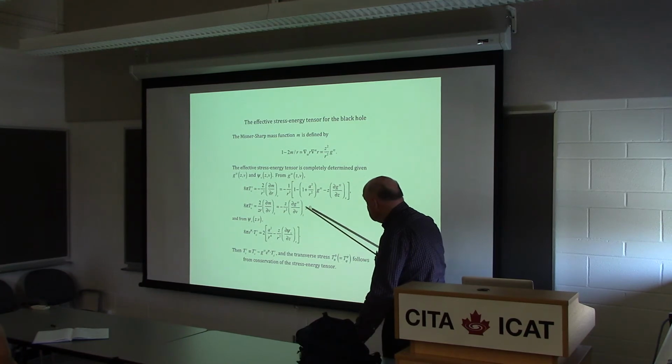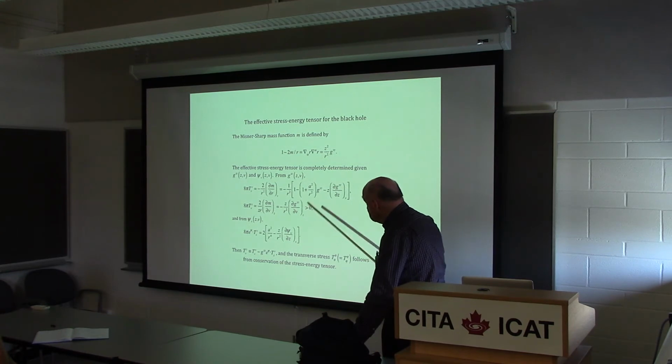Now, in the black hole, it turns out that you expect this T_VV to be positive, because in the black hole it is related to the energy flux. This was essentially minus the energy flux.